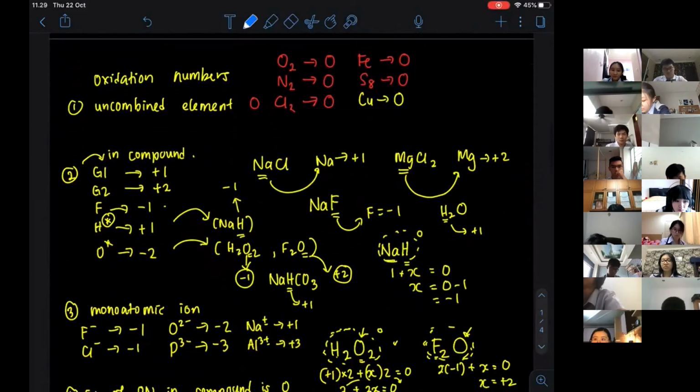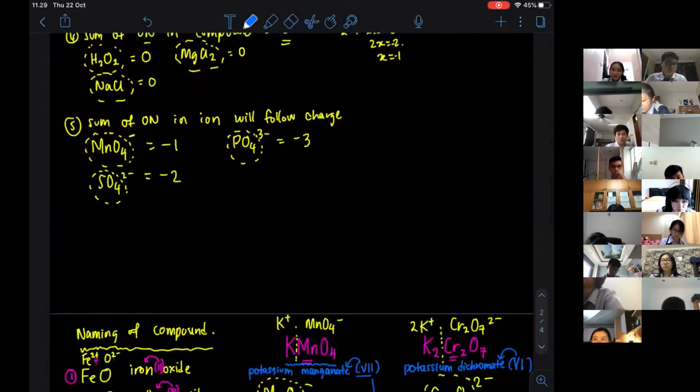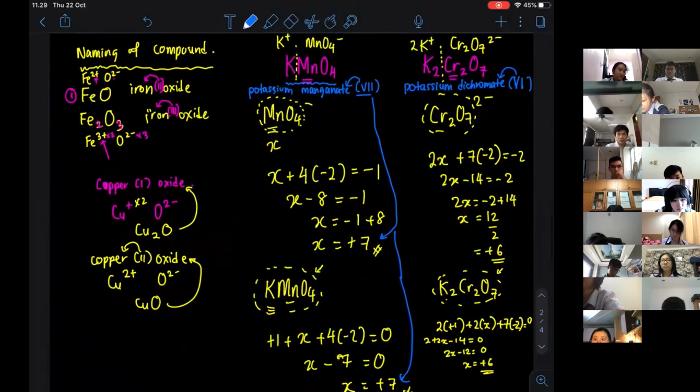Yes. And the last one? We learned that oxidation numbers are the numbers in the bracket. Yeah, the oxidation numbers can be used when you name the compound to differentiate the compounds. So that is one of the uses of the oxidation number.